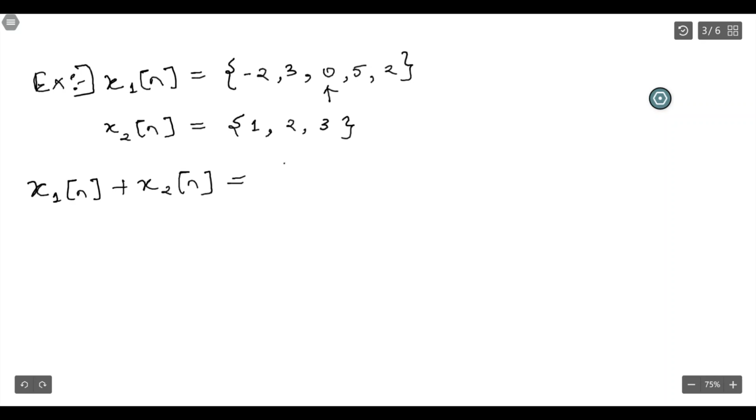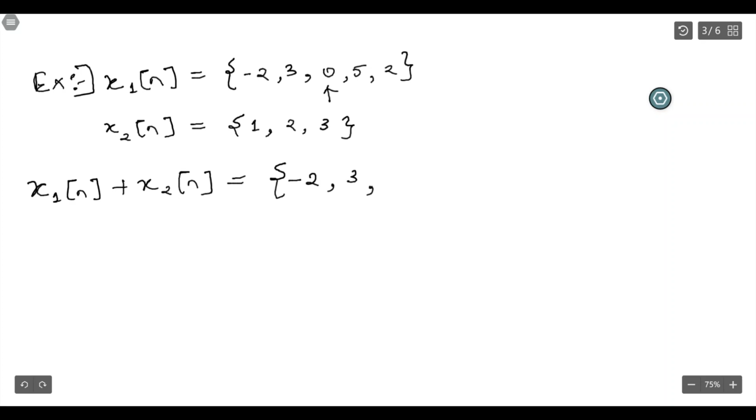When we add these two signals, this is the origin because here no arrow is present, and here an arrow is present. So when we add, this minus 2 is added with 0 because this is the origin, and to the left of it we have 0. So minus 2 will remain the same, 3 will remain the same.